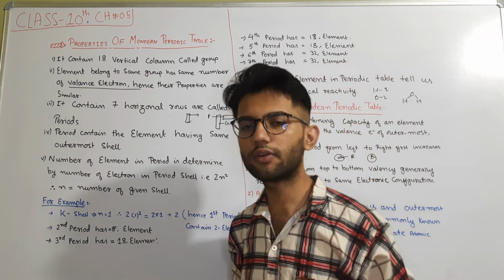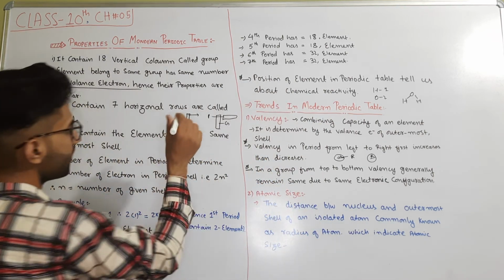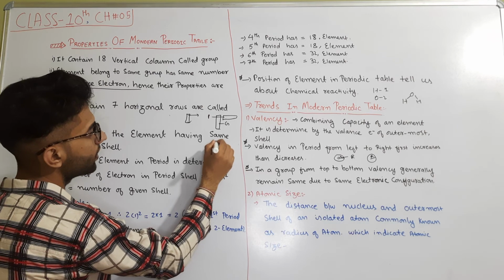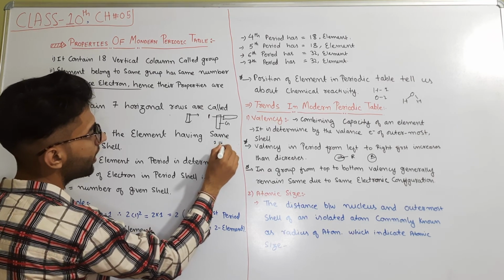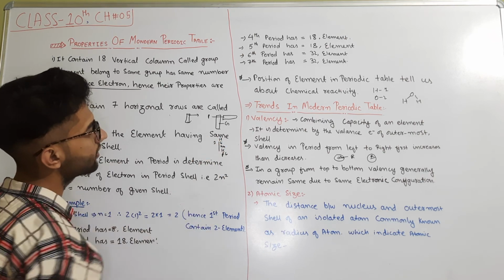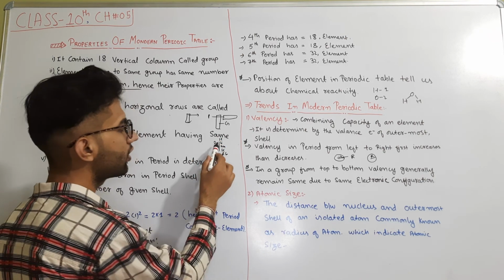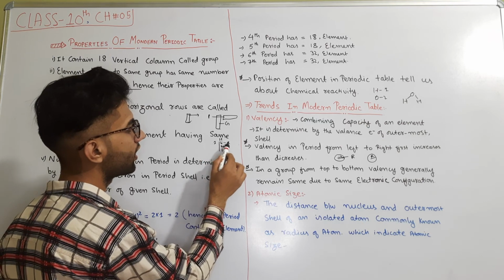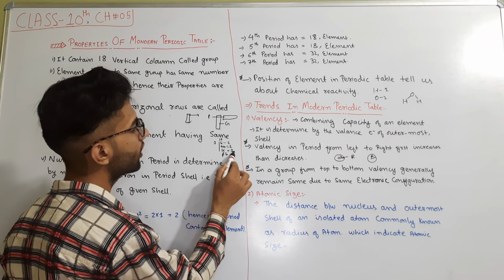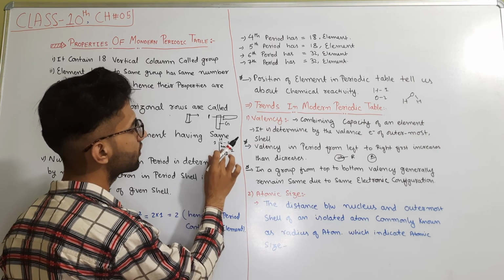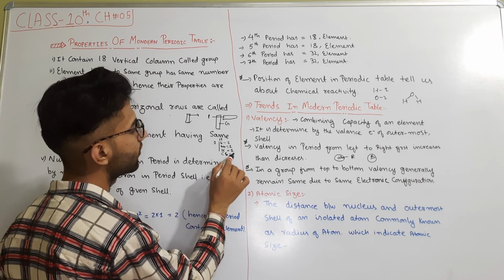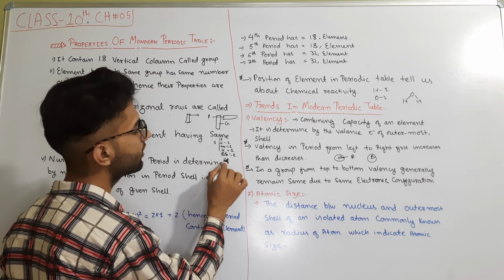Let me clarify with one example. In the first group there are lithium, sodium, potassium, rubidium, and cesium, and above lithium there is hydrogen. The outermost electron count in lithium is 1, in sodium is 1, in potassium is 1, in rubidium is 1, and in cesium is also 1.